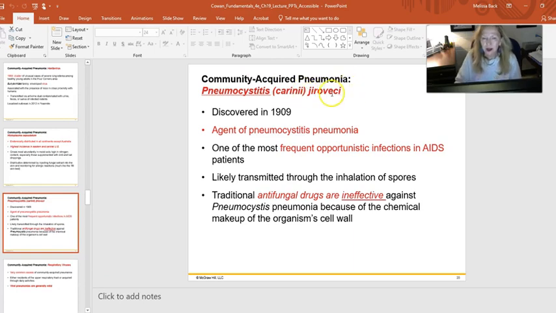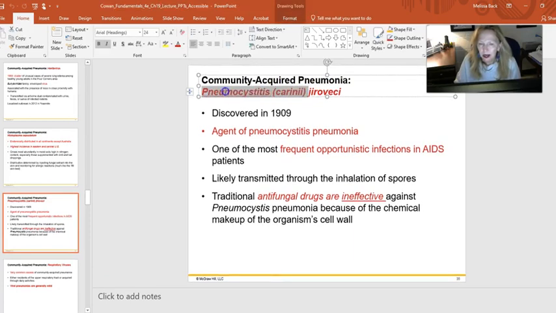Pneumocystis jirovecii, or carinii, sometimes called, it's still called Pneumocystis carinii, and you will also hear it as jirovecii. This is only seen, really, Pneumocystis pneumonia, in immunocompromised patients. So it is often the one that we see as the last thing that someone who has AIDS has.